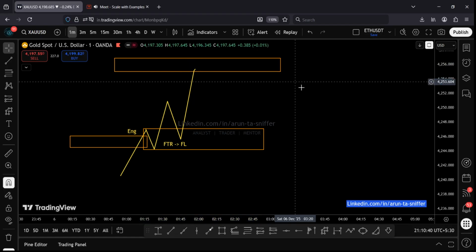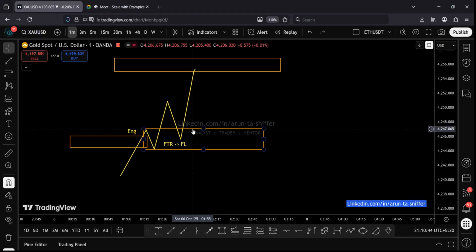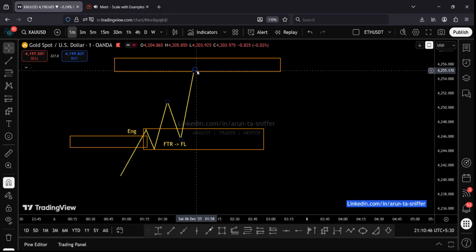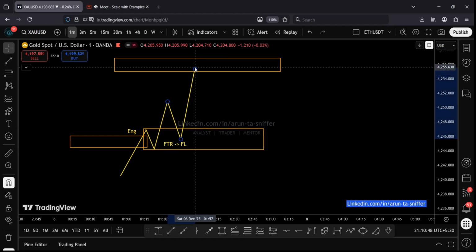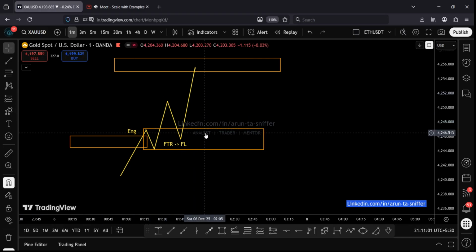Think this is another zone. So this is the FL which sends the price to the next zone or target. Think like this zone is target as well. So this FL is very important.